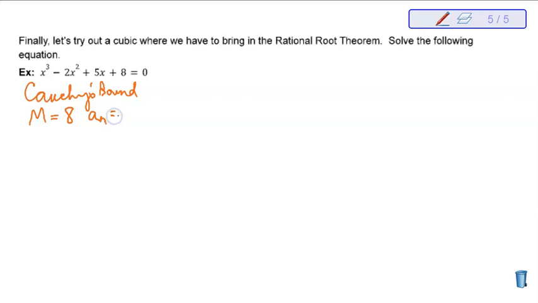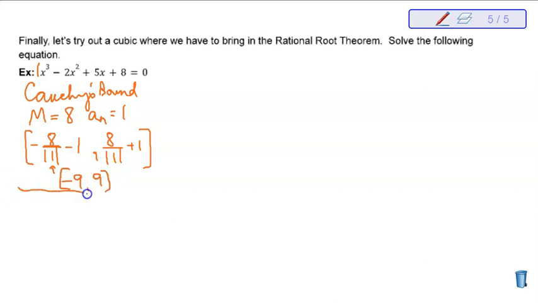A sub n is the leading coefficient, which is 1. So I would end up doing the opposite of M over the absolute value of a sub n minus 1, and the 8 over a sub n in absolute value plus 1. So if you were to simplify both of these, this becomes a negative 8 minus 1, so negative 9, and 8 divided by that 1 plus 1 gives me a positive 9. So there's the bound that it is in.